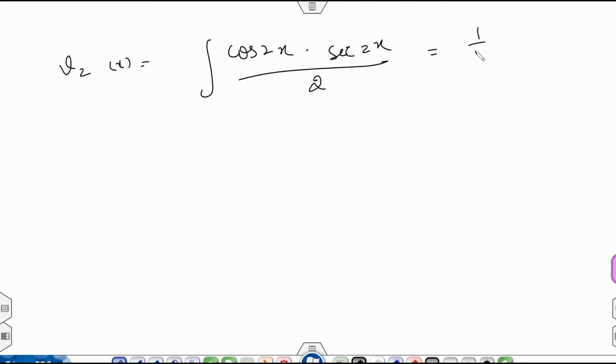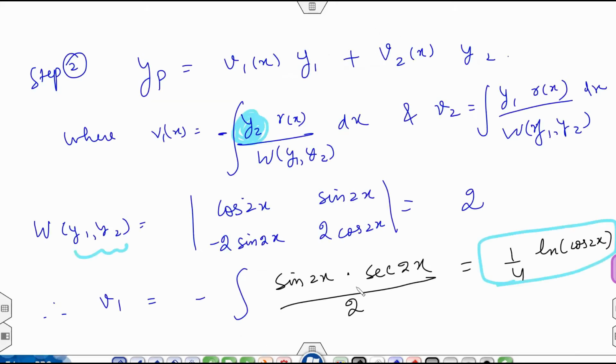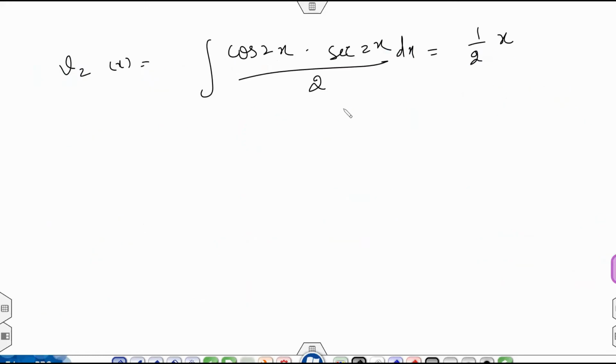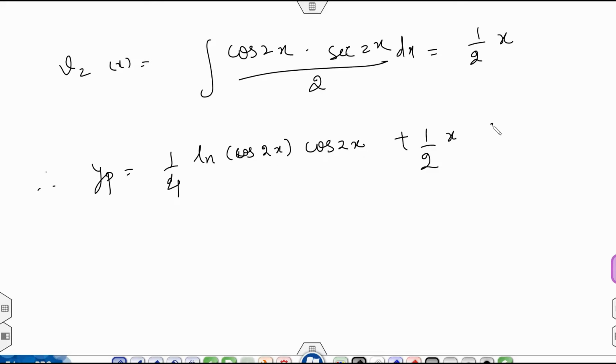When you integrate, this will get cancelled out, and I have left out dx, so you will get half of x. So what will be your yp? yp will be 1 by 4 cos of 2x into cos of 2x plus half x sin of 2x, right?